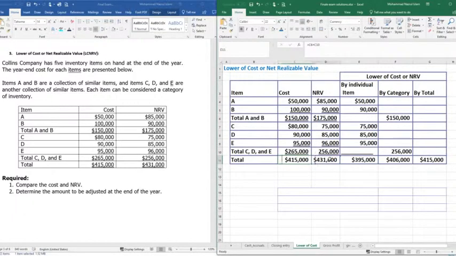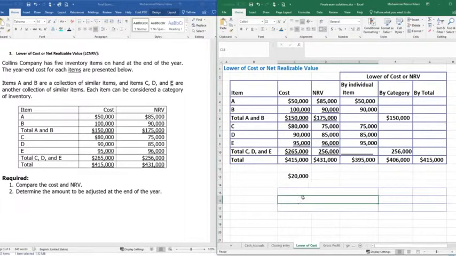Out of these two, the lower one is 415,000. And the difference between this one and this one is 20,000 by individual item, you can see.